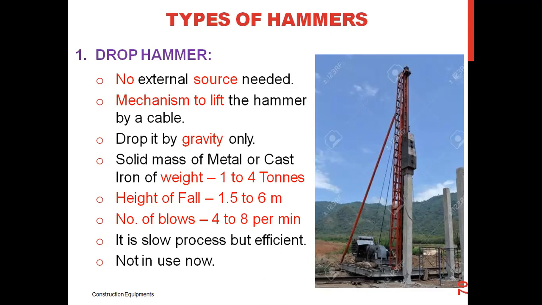The height of fall for the hammer should be 1.5 to 6 meters, and the weight of these iron hammers is 1 to 4 tons.